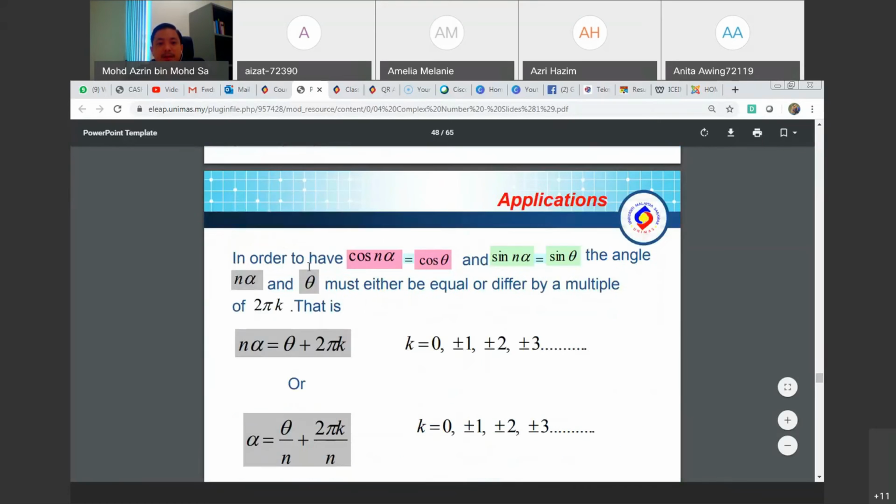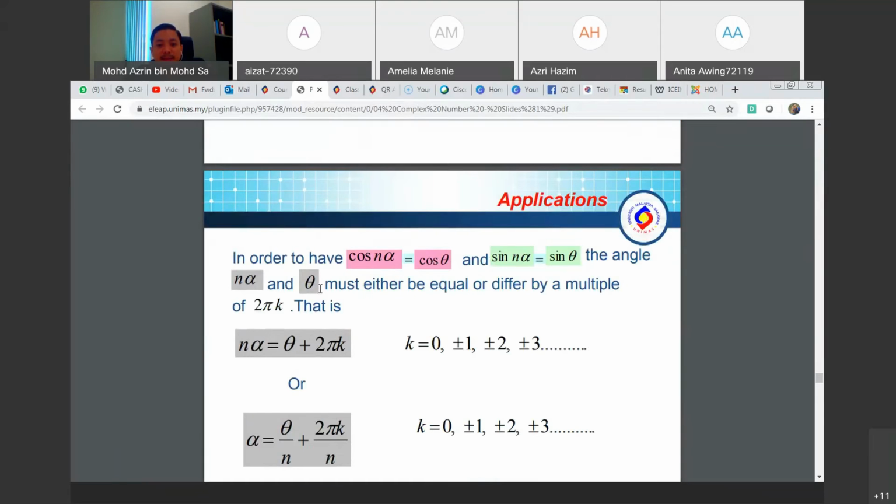Yeah. In order to have cos n alpha equal to cos theta, and sin n alpha equal to sin theta, the angles n alpha and theta must either be equal or differ by a multiple of 2 pi k. So this part we letak dekat n alpha ni, actually theta tu plus dengan 2 pi k. K ni apa?